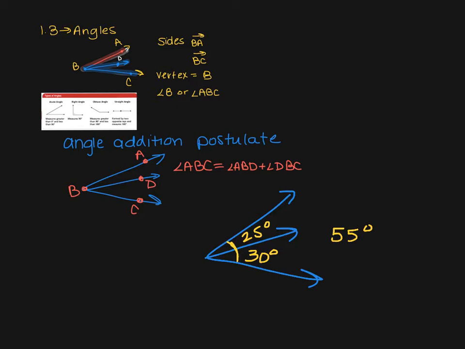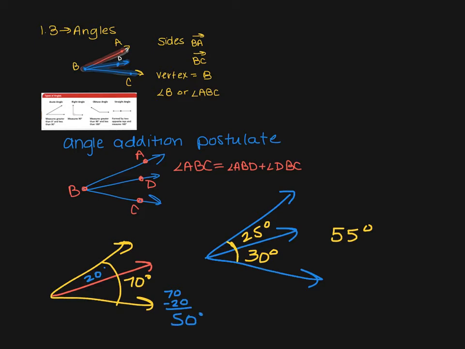Or it would say something like the large angle, so the big angle is 70 degrees, and one of the smaller angles is 20 degrees. Find the measure of the other angle, and this time you would subtract. So you take the big angle and subtract the smaller angle from it to get the missing angle. You'll also see this with variables, and that's like number 5 in your packet.